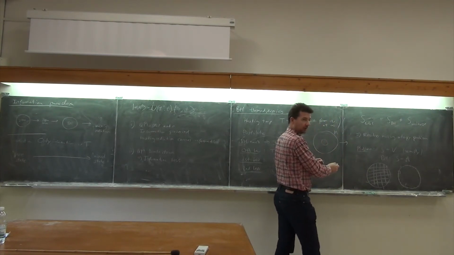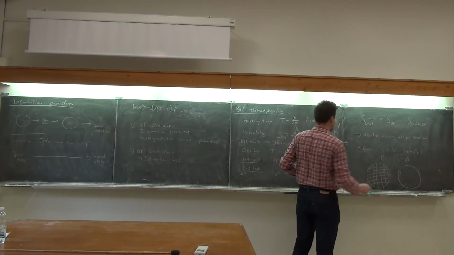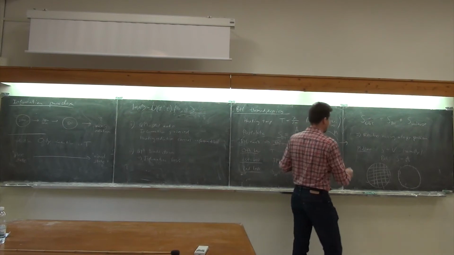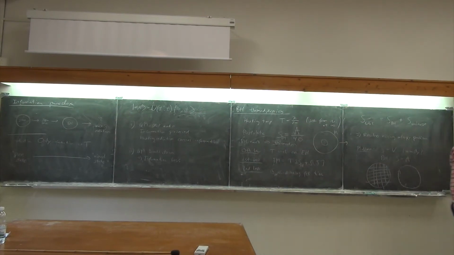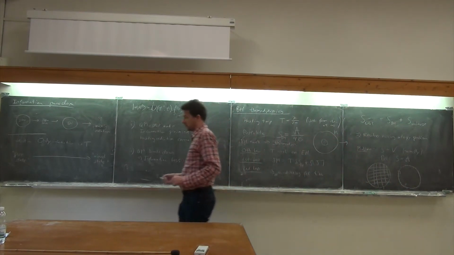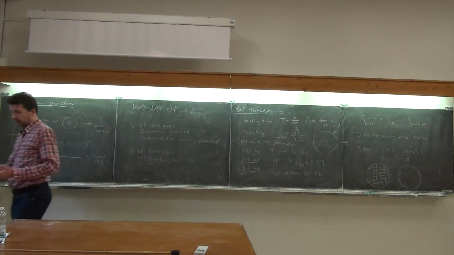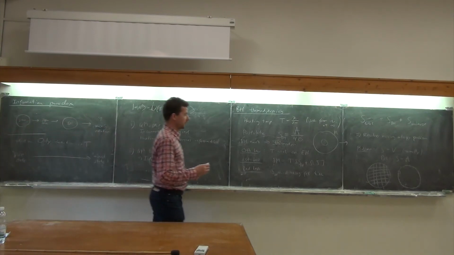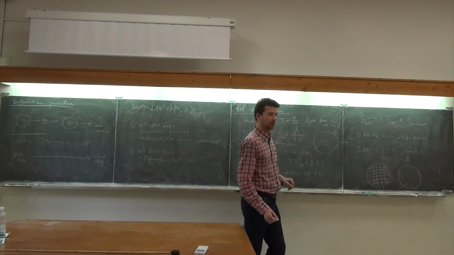If you emit a very enormously energetic particle, you would change the black hole a lot after emission. And one of the crucial assumptions in Hawking's computation is that the radiation that you emit doesn't change the black hole geometry.